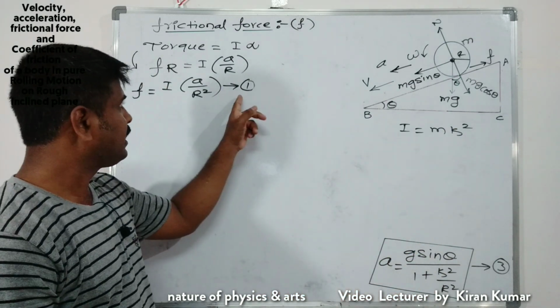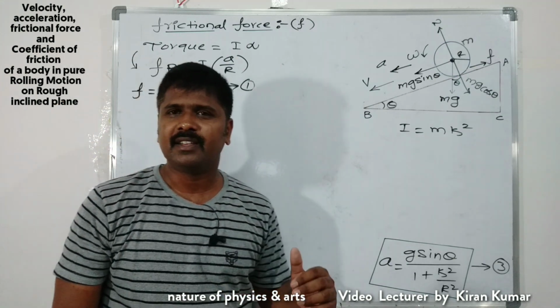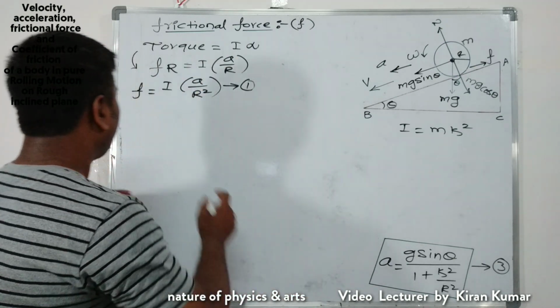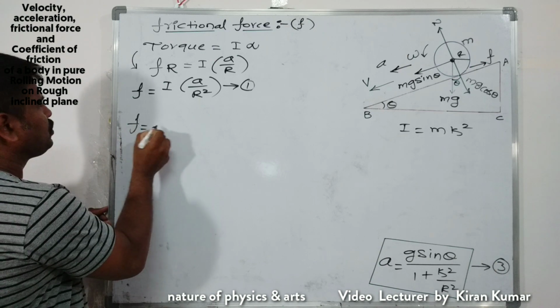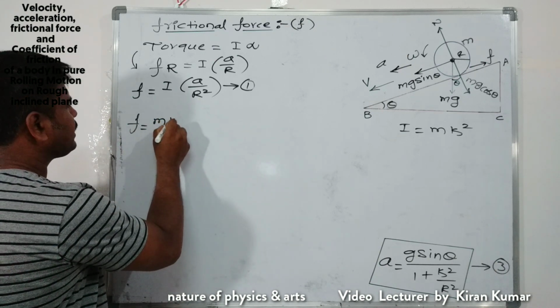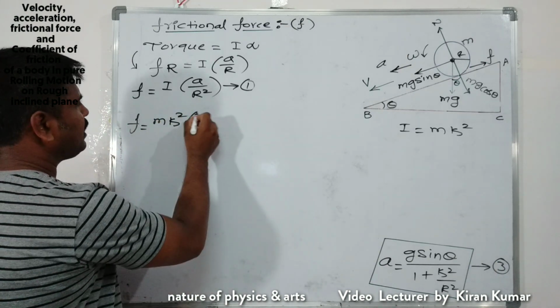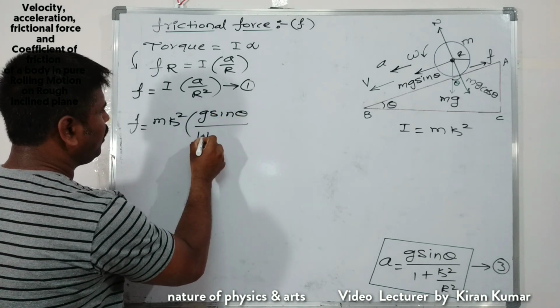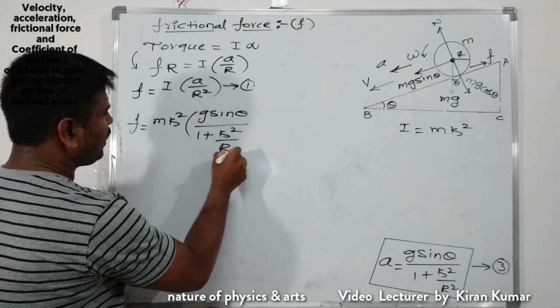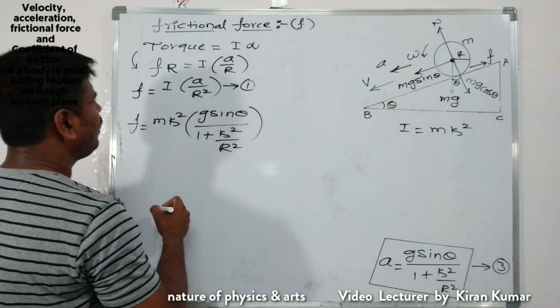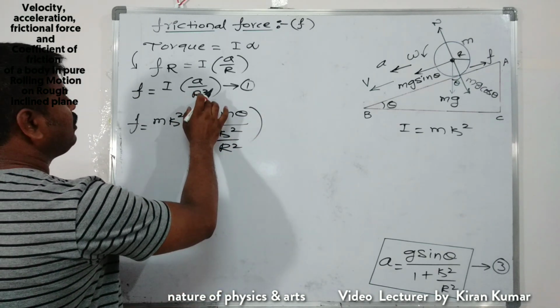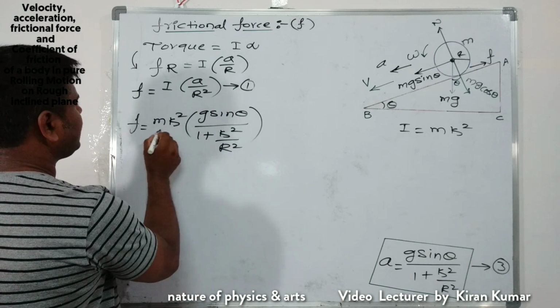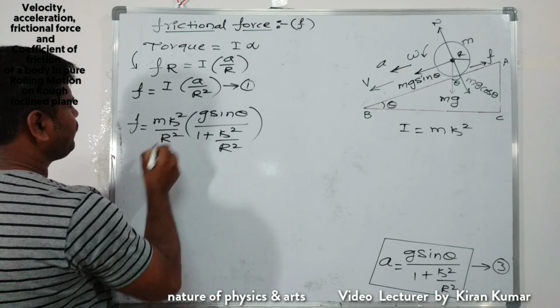Replacing both values in this equation, we get the frictional force: F is equal to mk square, a value is g sin theta divided by 1 plus k square divided by r square, and the whole divided by r square.